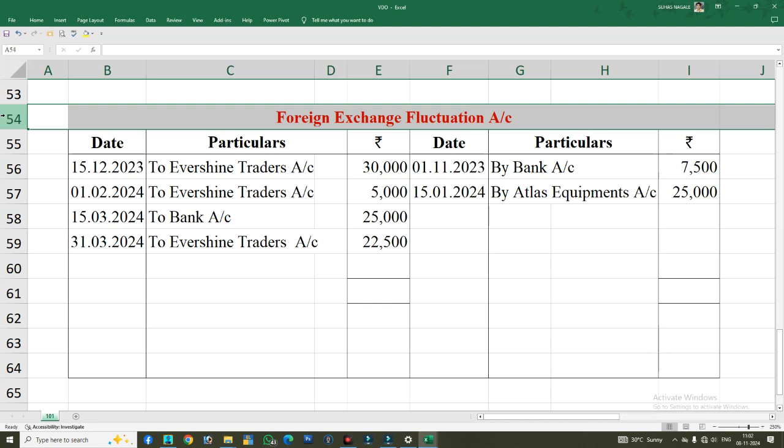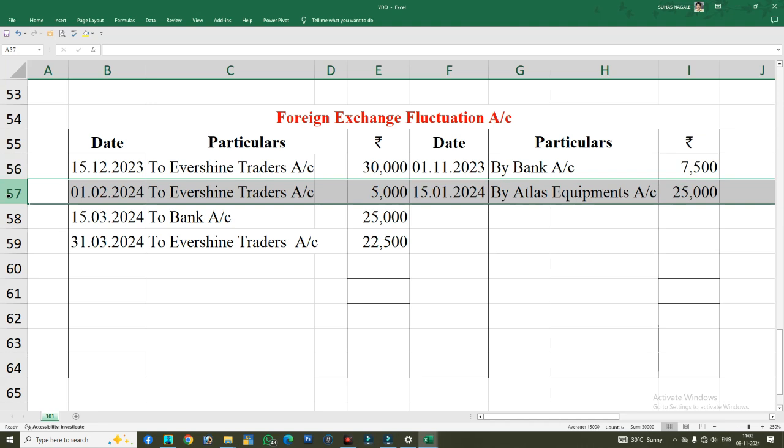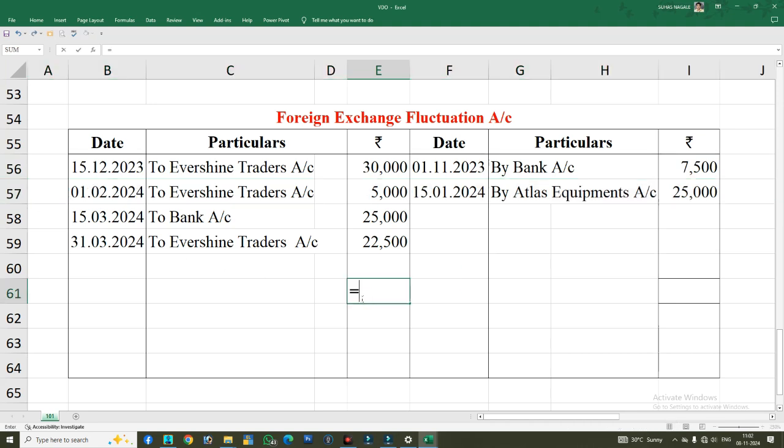This is the foreign exchange fluctuation ledger account as per the requirement mentioned in the problem, and this is the ledger posting according to the journal entries we have already passed. Now I am closing this ledger account. First take the total of the debit side and the total of the credit side.